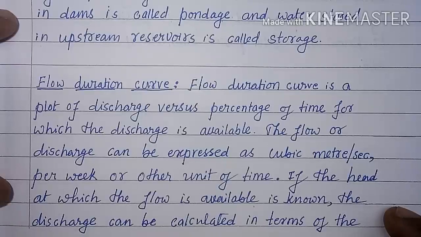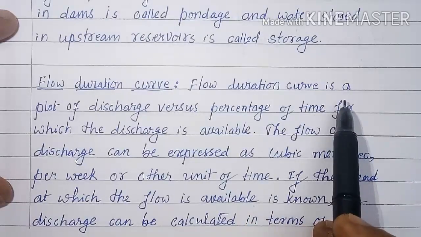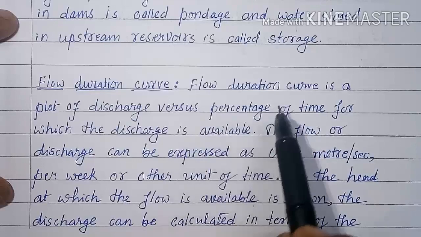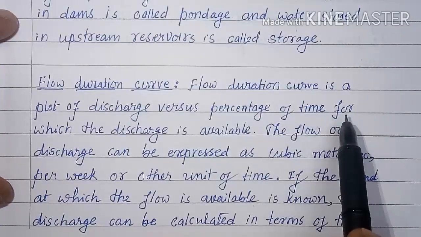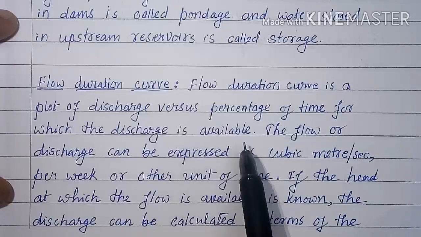So now we will define flow duration curve like this. A flow duration curve is a plot of discharge versus percentage of time for which the discharge is available.